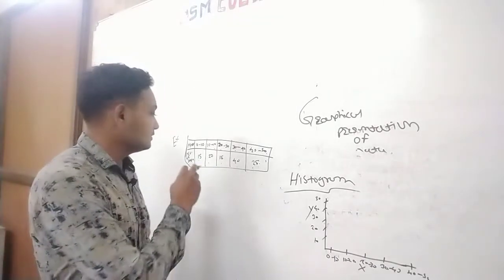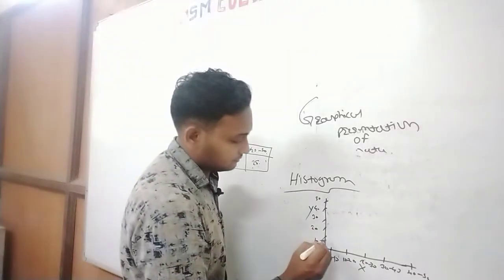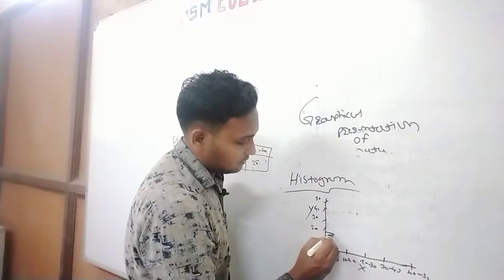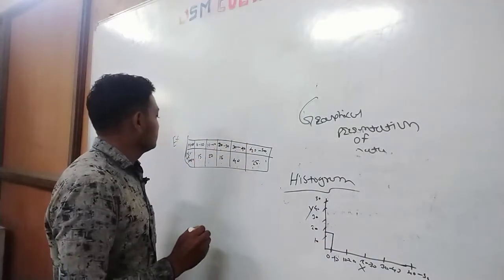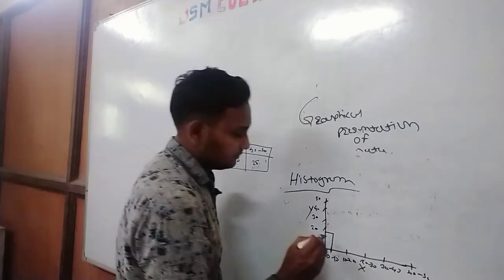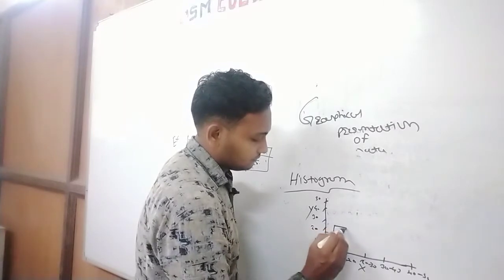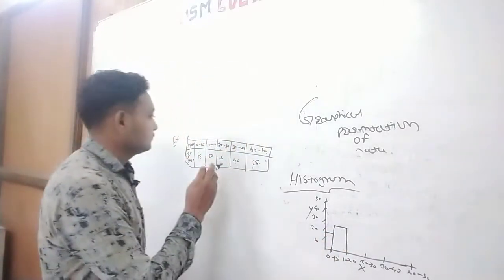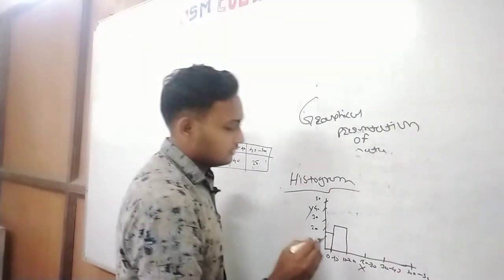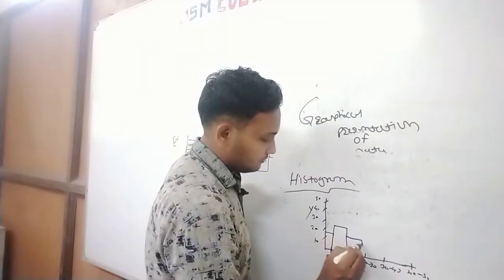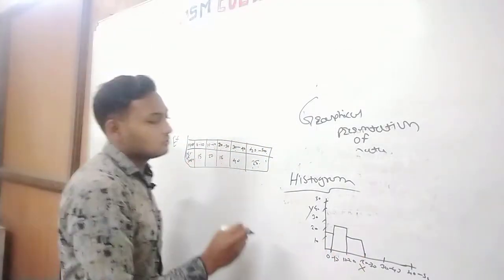Then the first one is 0 to 10, where the number of students is 15. For 10 to 20, the number of students is 20. For 20 to 30 marks, the number of students is 15. For 30 to 40, the number of students is 40.